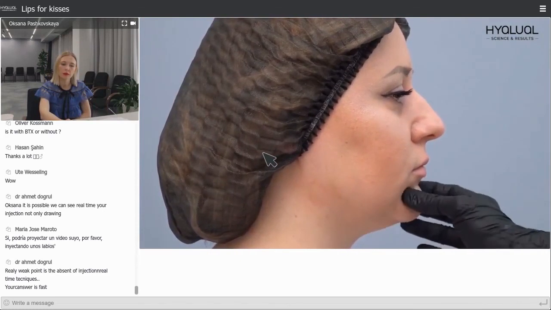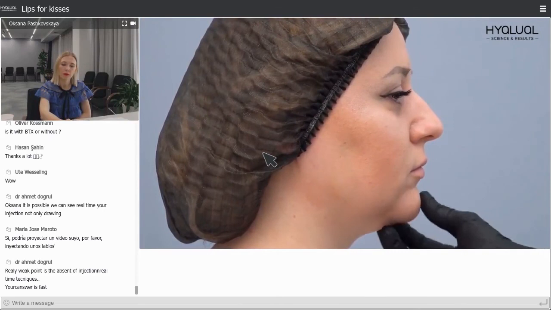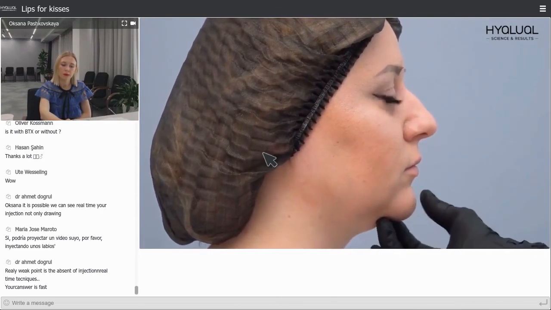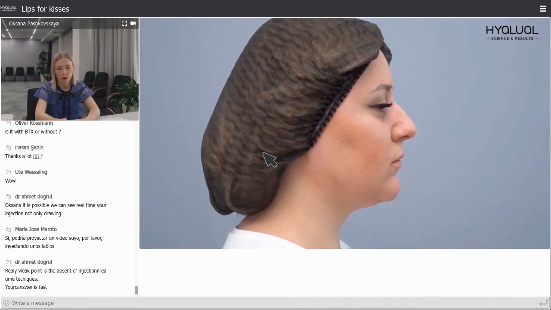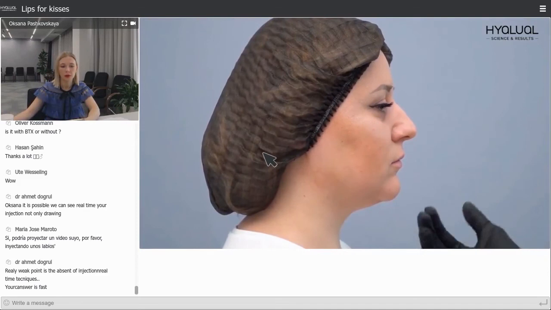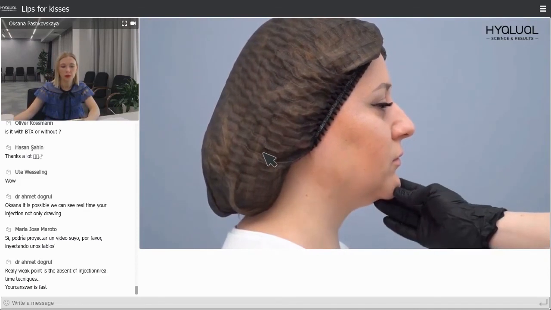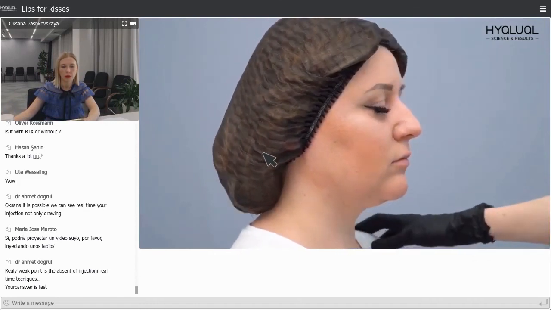It may cause a duck lip effect. Also, we see the lip-chin angle. We could improve its shape and make it smoother in this patient. And also the ratio between upper and lower lips. The proportions correspond, the lower lip a little bit below.